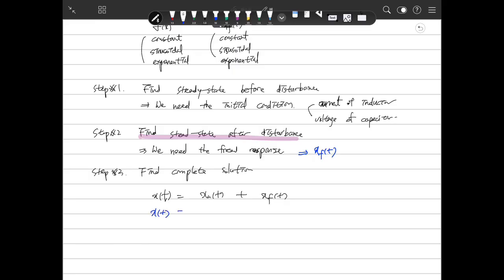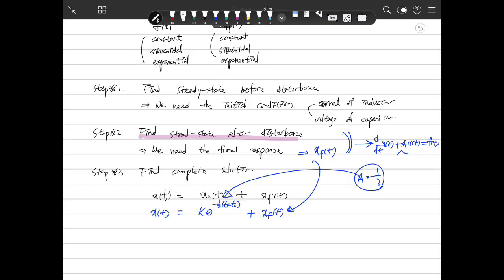So x(t) will be the general form k exponential minus 1 over tau (t minus t0) plus x_f(t). Based on the equation dx/dt plus a x equals f(t), here a is the same as 1 over tau. So we have one more unknown variable, k.